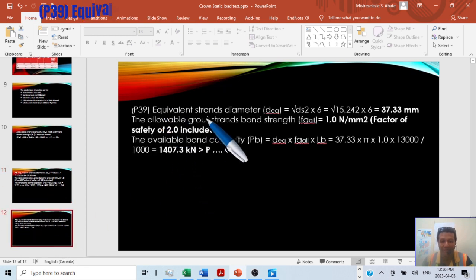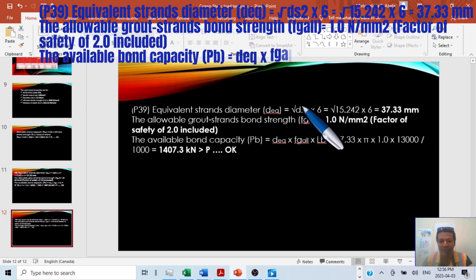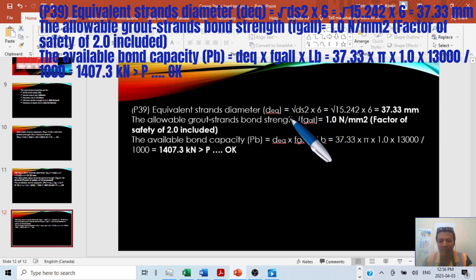Now equivalent strand diameter, again we calculate the same: ds square times 6 under the radical, then 37.33 meters square. The allowable grout strand bond strength, we're going to use 1 Newton per millimeter square as per the code. The available bond capacity, the same is true.